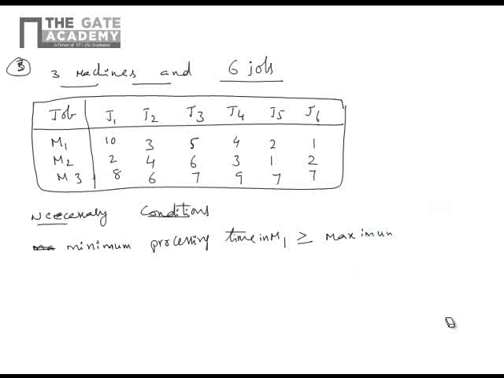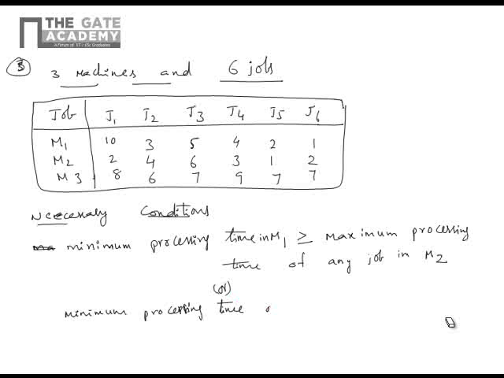Or we have another condition: the minimum processing time in machine 3 is greater than or equal to the maximum processing time on machine 2.